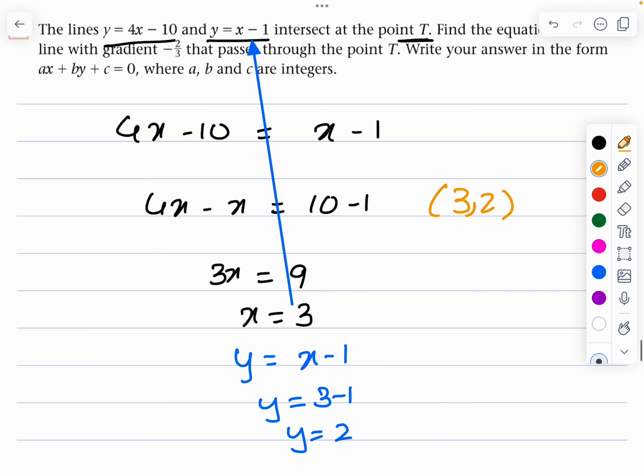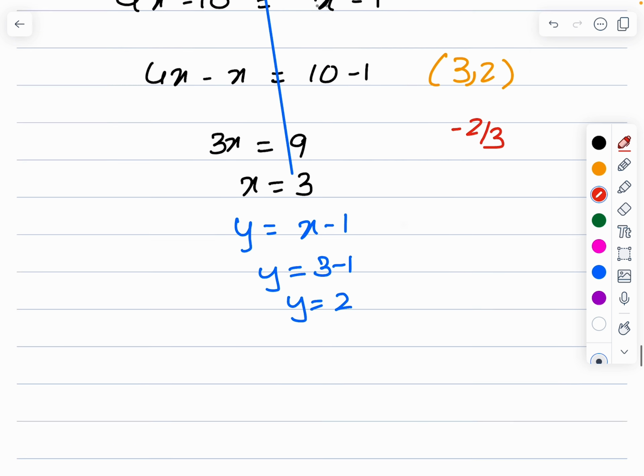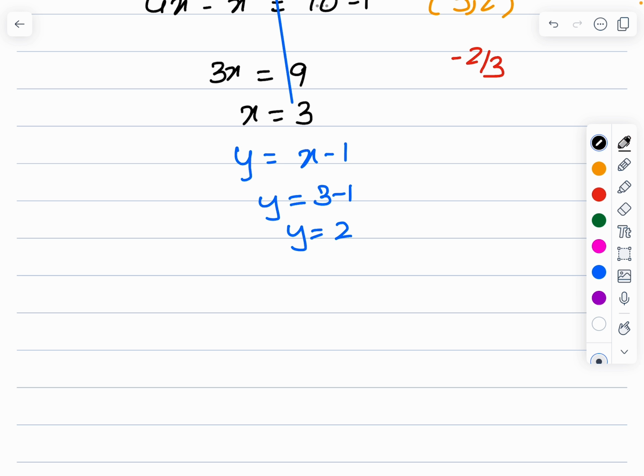And the gradient, what is the gradient? Negative 2 upon 3 is the gradient. Now what will be the equation? Y minus y1 equals m times (x minus x1).